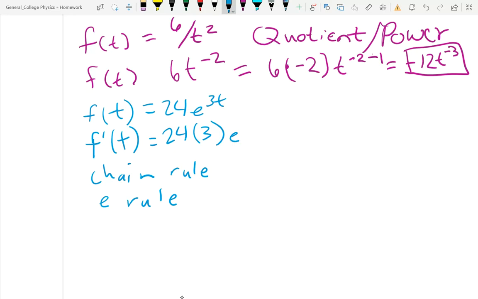So according to the e rule, we end up with 72 e to the 3t.